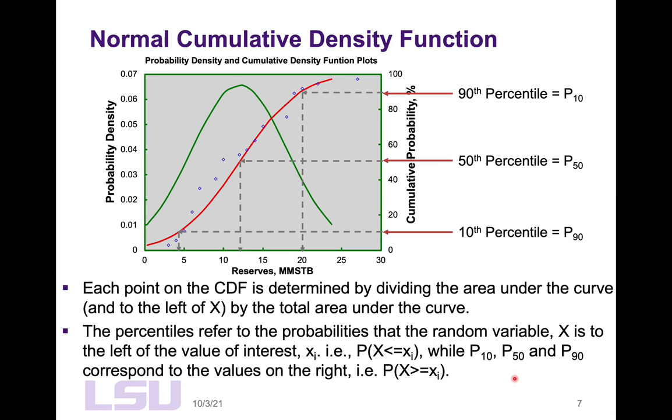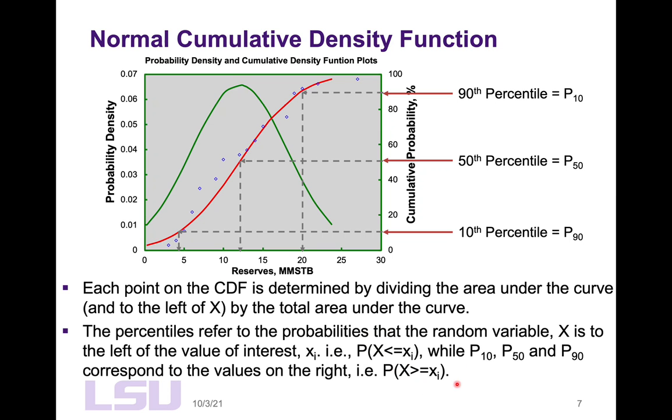Whereas these P10, P50, P90 are written the other way. Its probability is greater than or equal to xi. So you are looking at the area to the right divided by the total area. You see the difference? And that's why it's 1 minus this, right?